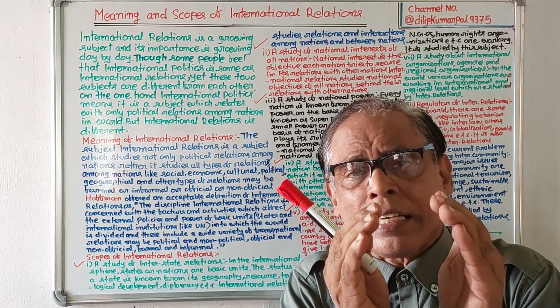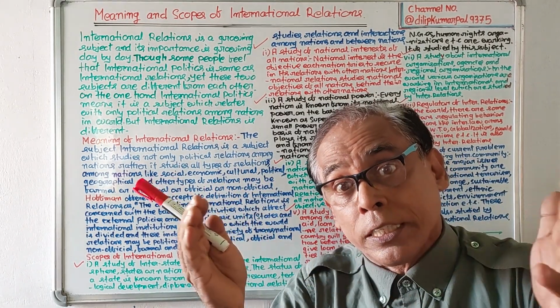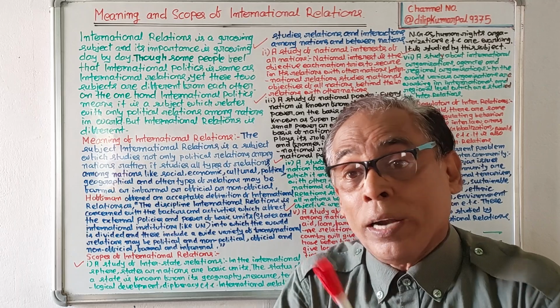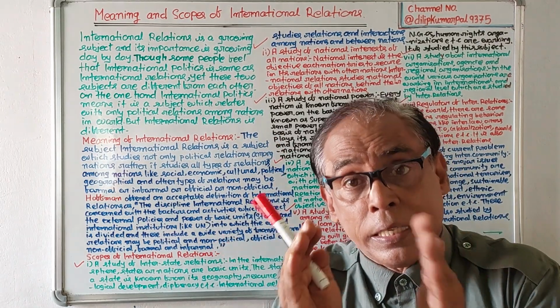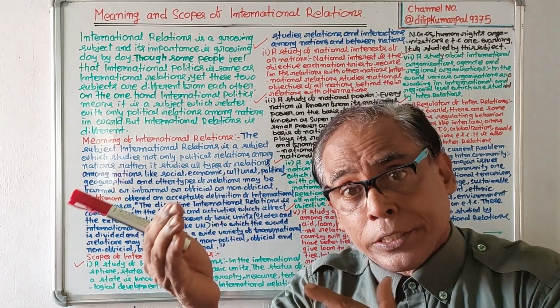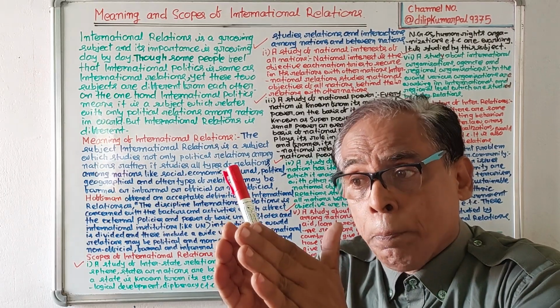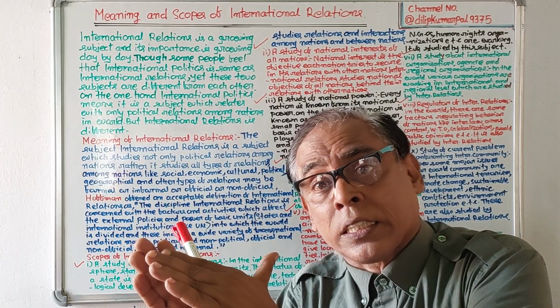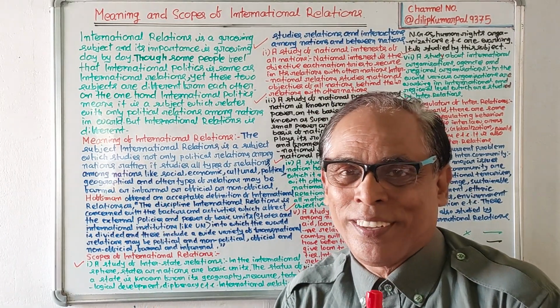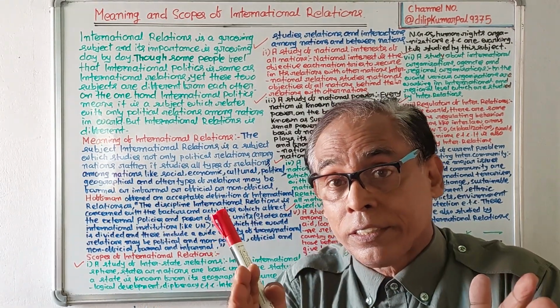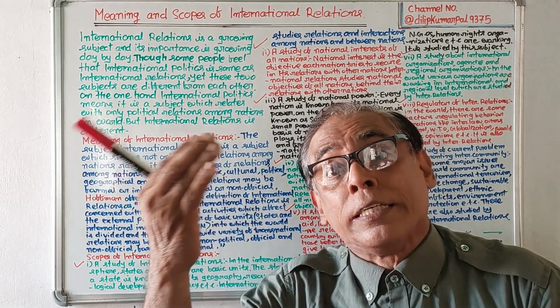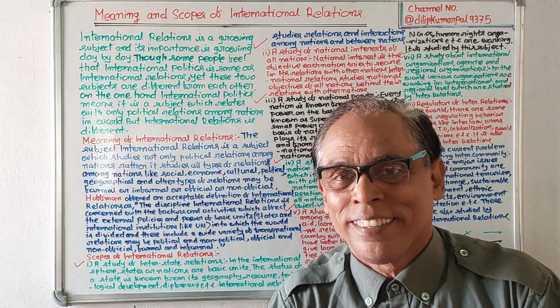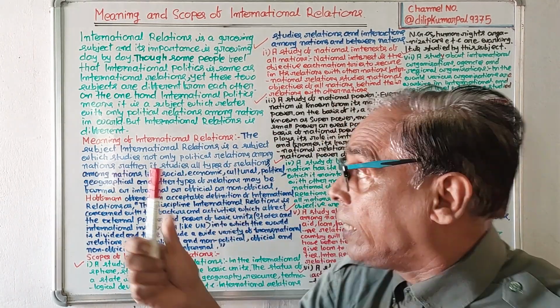Actually, they are not the same. What is international politics? International politics relates only to political relationships among nations or between nations. But international relations is different from international politics.